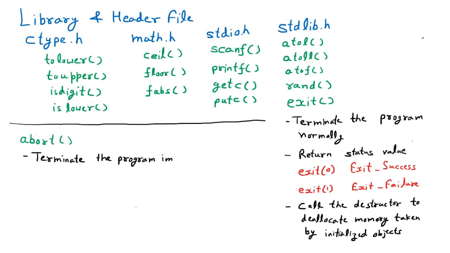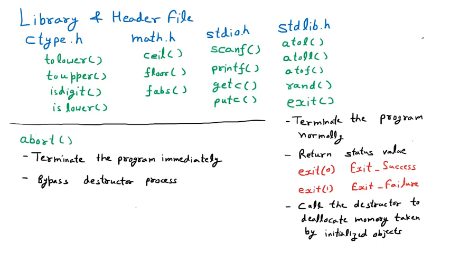Immediately means it is not following the rules like exit. Now what are the rules? The destructor is not going to be called. So it is going to bypass the destructor process.